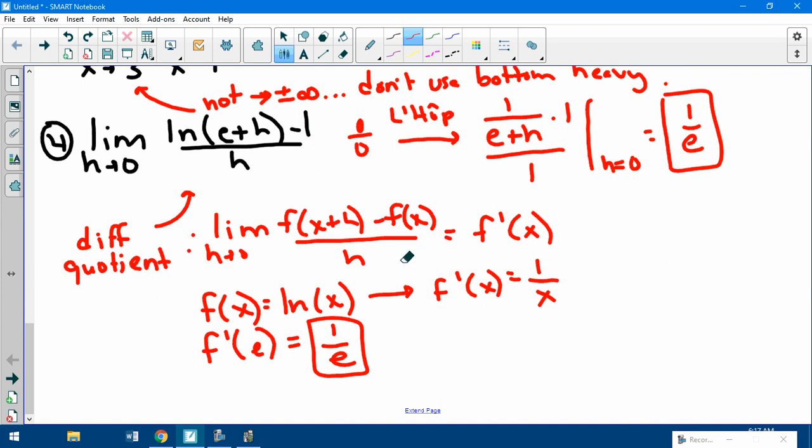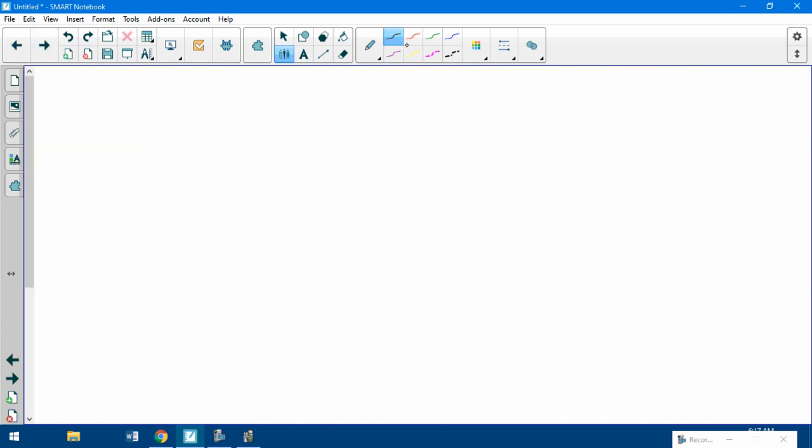Okay, so there's some limit review. I'm going to flip the page and talk a little bit about continuity. Continuity, another early topic we did.